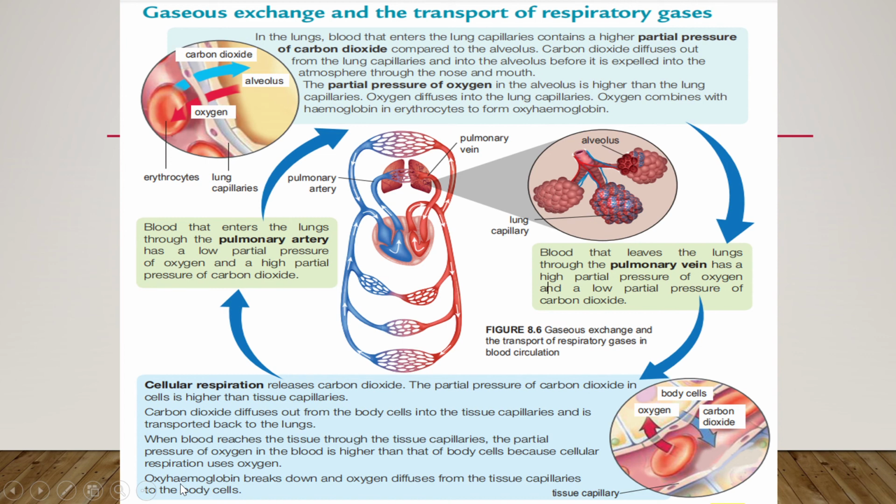The oxygen, just now carried by binding with the hemoglobin, forming oxyhemoglobin, now has to enter the body cells, so it will be released from the oxyhemoglobin. That breaks down, forming once again free hemoglobin and oxygen.